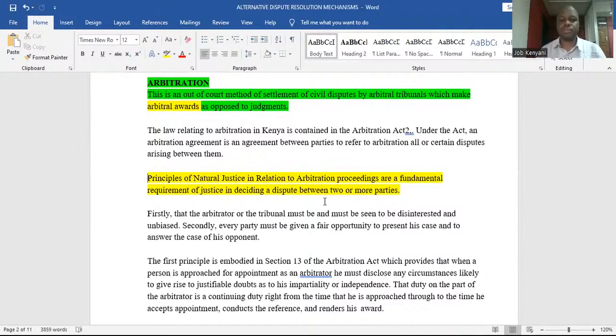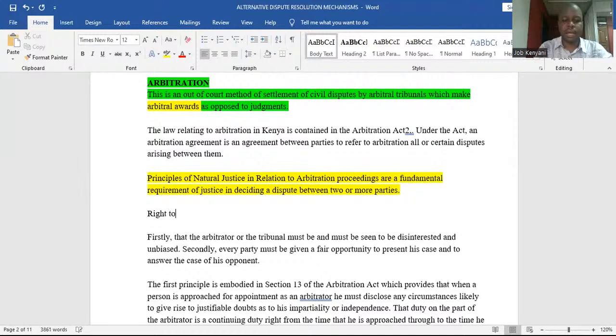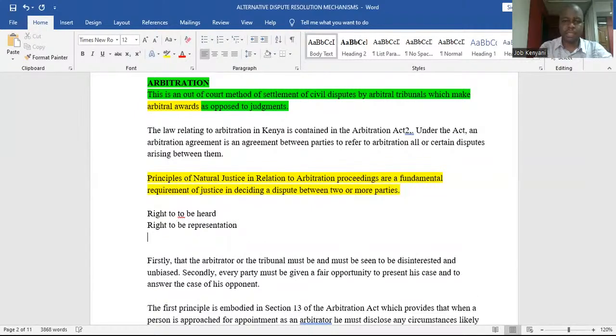So when you talk about the fundamental principles of natural justice, in this case we could be talking about, for example, the right to be heard. Those are just examples. The right to be represented, the right to present evidence or any other relevant information.